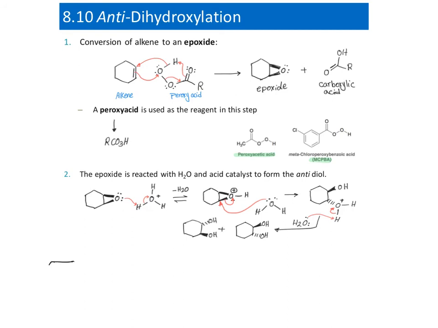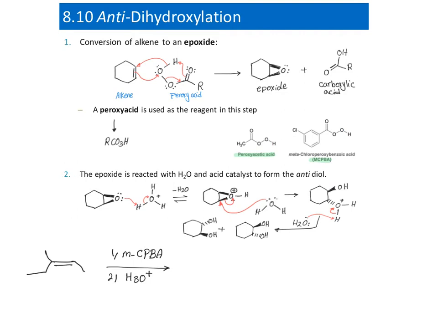So we have this alkene. First step is MCPBA, and in the second step we are going to add H3O+.